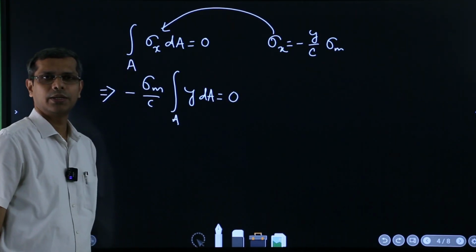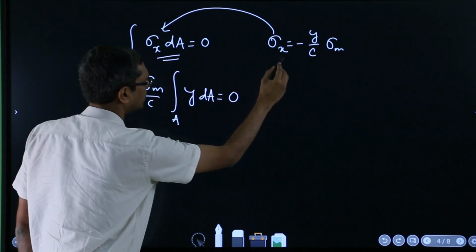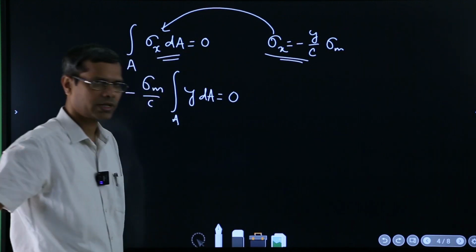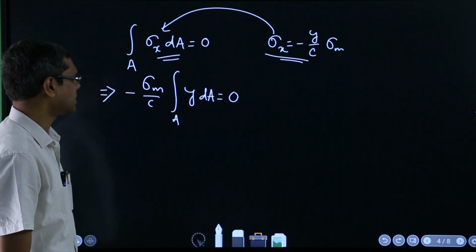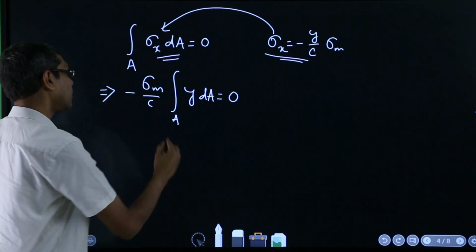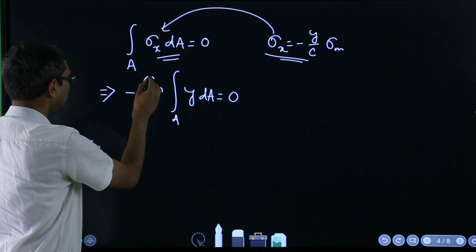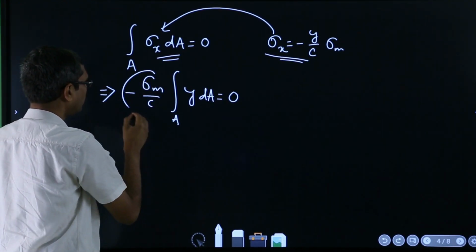Okay. So that means the force equilibrium equation with the variation of stress information is telling us that this equation must be satisfied. Now for a given moment, definitely there will be some sigma m. So this term cannot be 0.